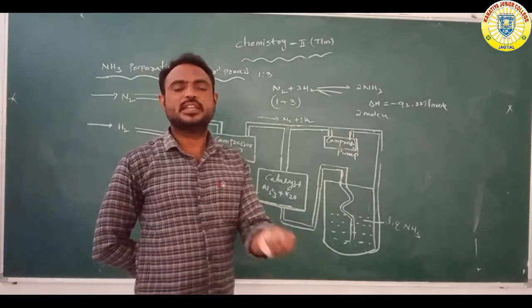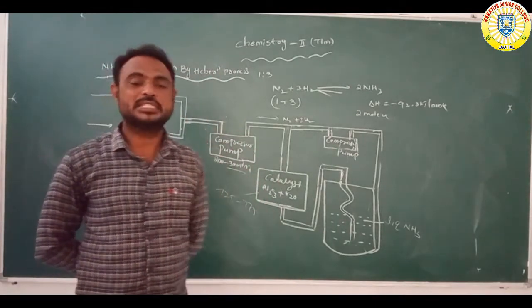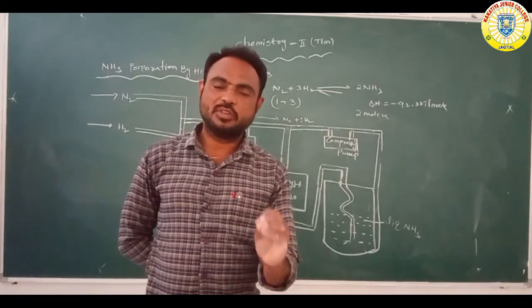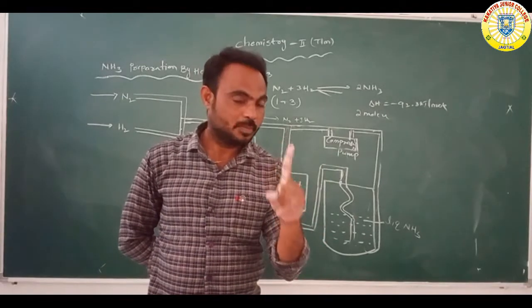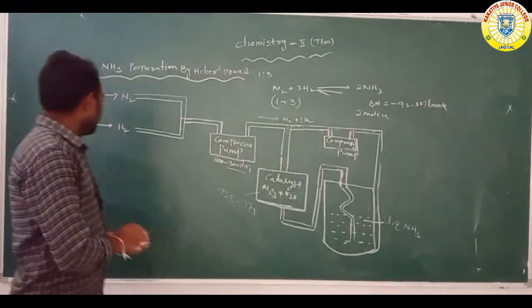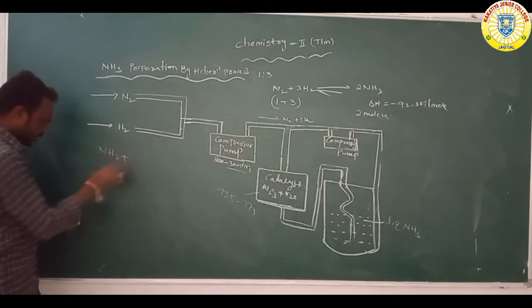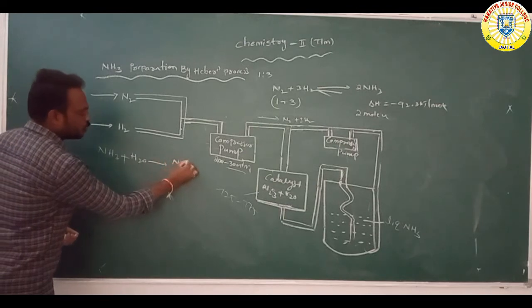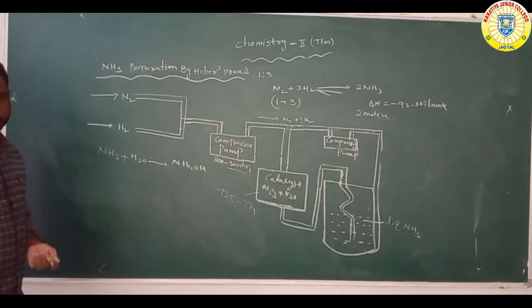Okay, so next, what are the physical properties of ammonia? Ammonia is a gaseous compound. It can be converted to liquid also. It is colorless but has a pungent smell. When ammonia NH3 reacts with water molecules, it forms NH4OH, ammonium hydroxide.